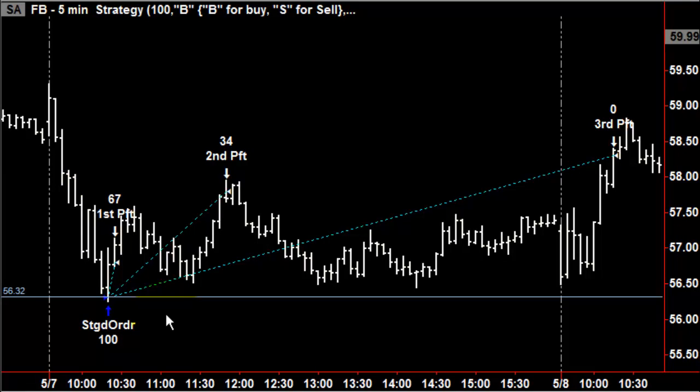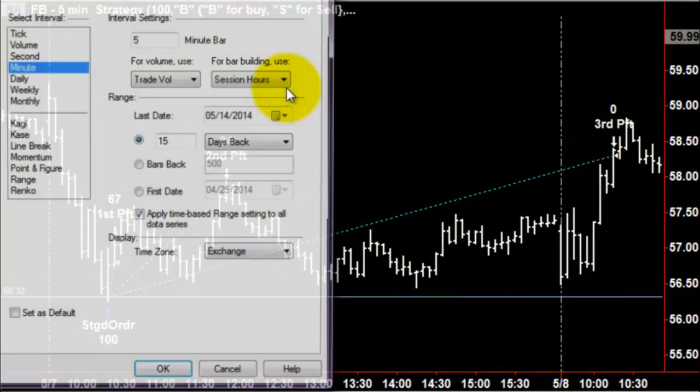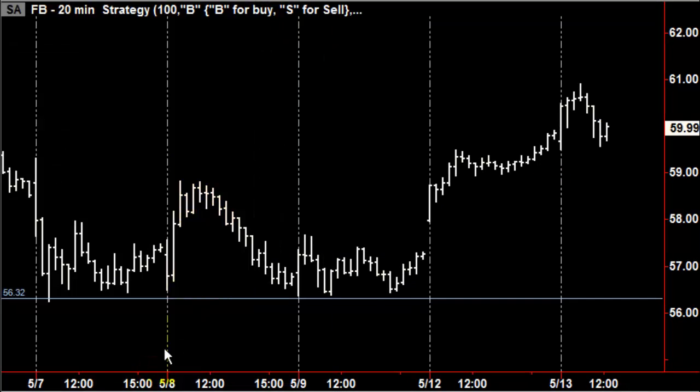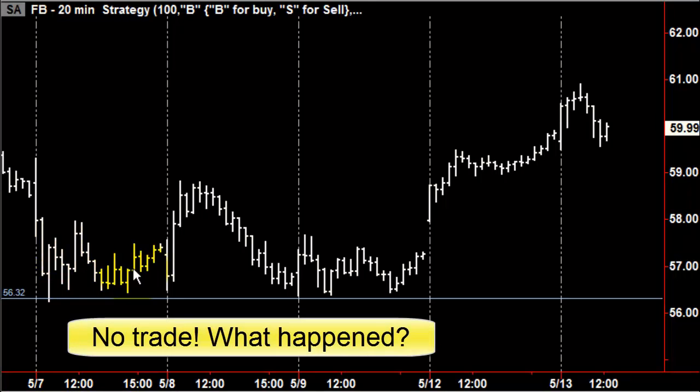So I'm going to change this to a 20-minute bar, and notice that this trade takes place on 5/7, so we'll have to look for 5/7 once we change it to 20 minutes. Format symbol, change it to 20 minutes, hit OK, and here is the 7th, no trade. What happened?